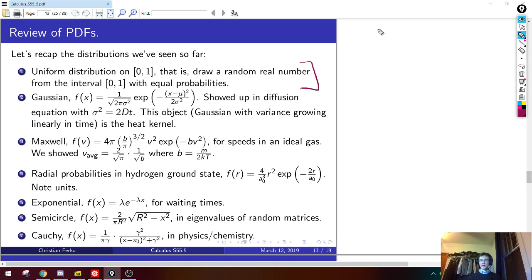Consider the uniform distribution that gives you some number between 0 and 1 with equal probabilities. That was the first PDF we saw: spit out a random number between 0 and 1 where all of those numbers are equally likely. It's the dumbest distribution.